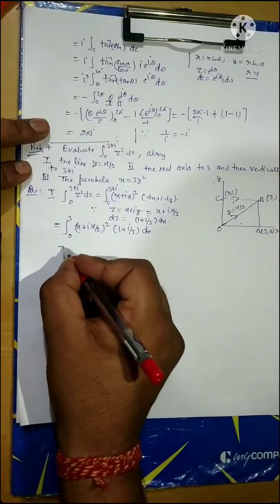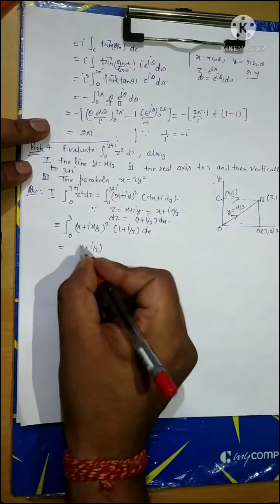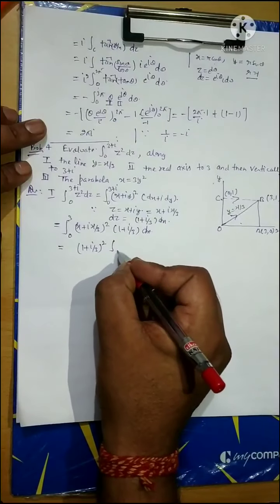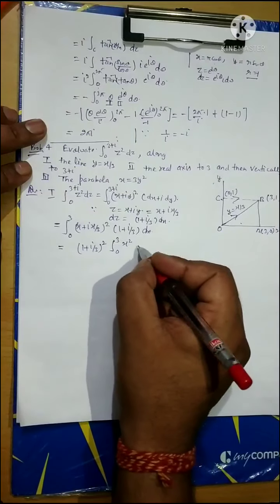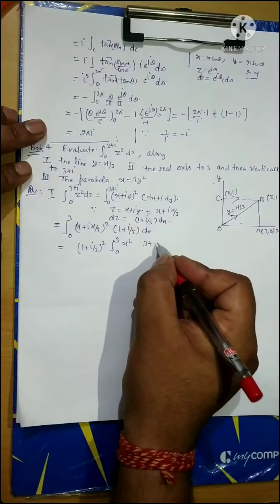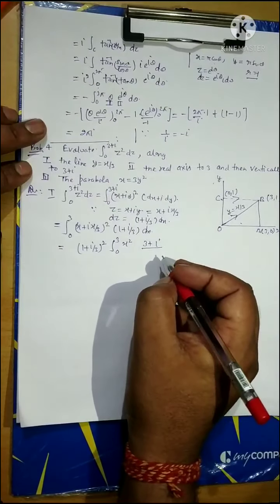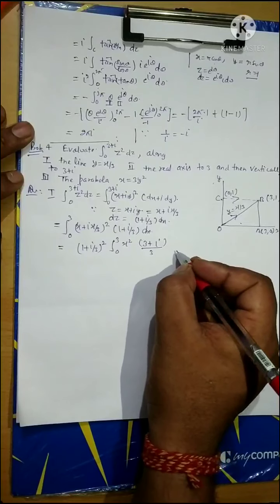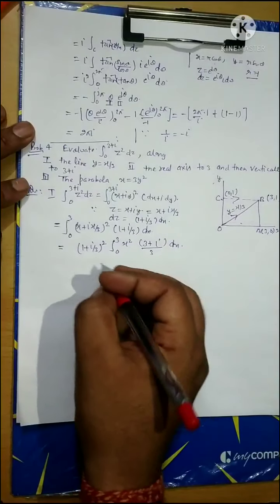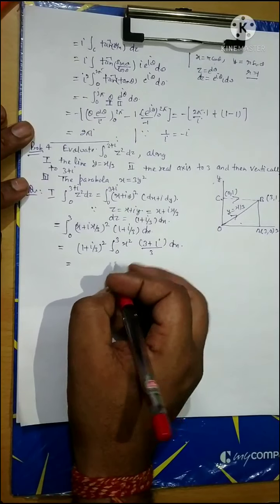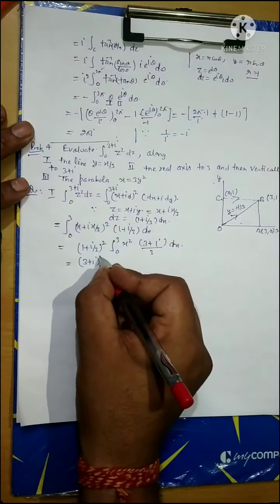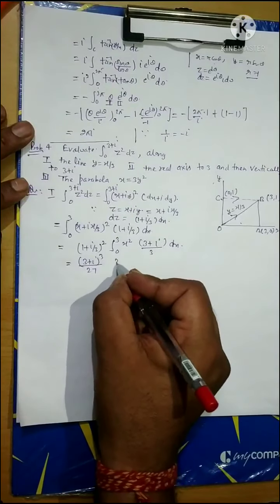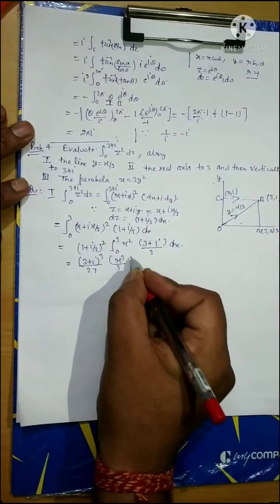This is equal to 1 plus i by 3 whole square, integral limit 0 to 3 of x square dx. Now 3 plus i whole cube upon 27. Now integration of x square is x cube upon 3, limit 0 to 3.